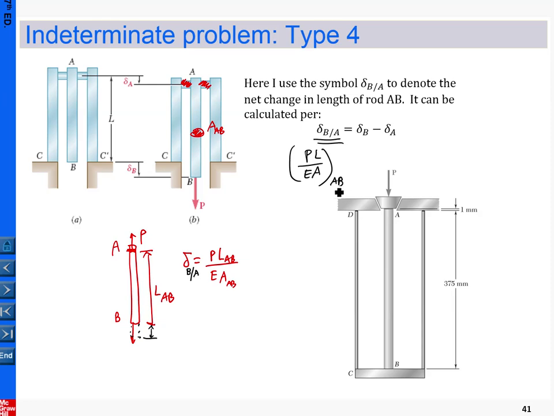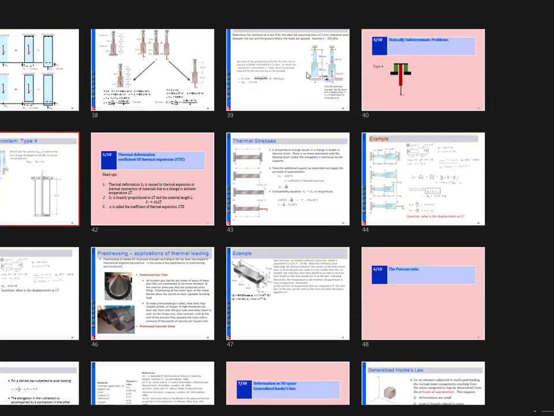The subscript here I use indicates the reaction and the force P, L, you take the information about the rod AB. E and A in a similar way, whatever the material properties and geometry you pick relative to AB.